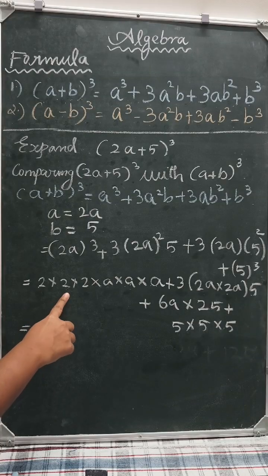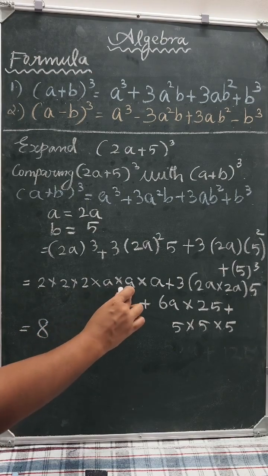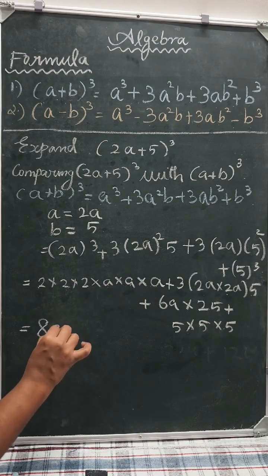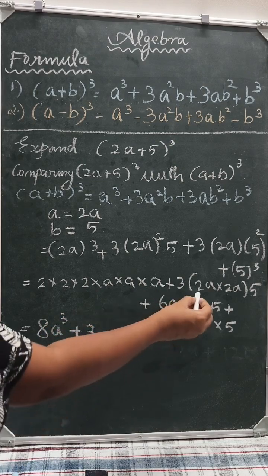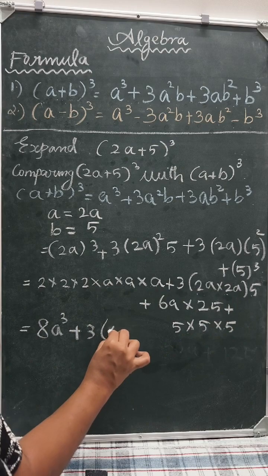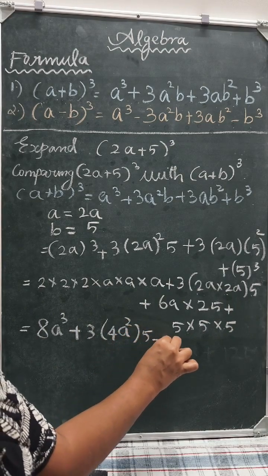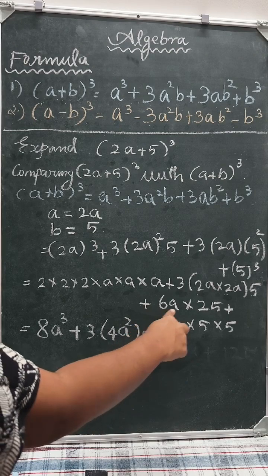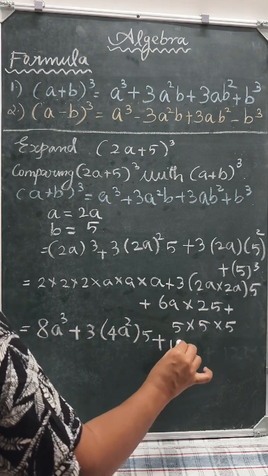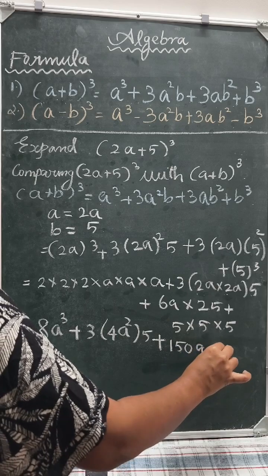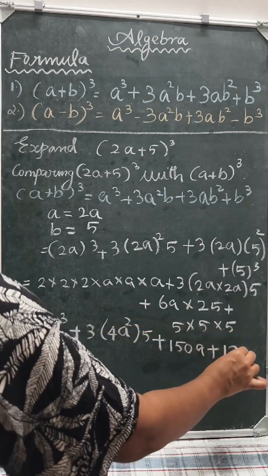2 into 2 is 4, 4 2s are 8, 8 and a into a into a is a³. Plus 3 into 2a into 2a, 4a², into 5, plus 6a into 25, how much? 150a, right? 150a plus 5 into 5, 25, 25 into 5, 125.